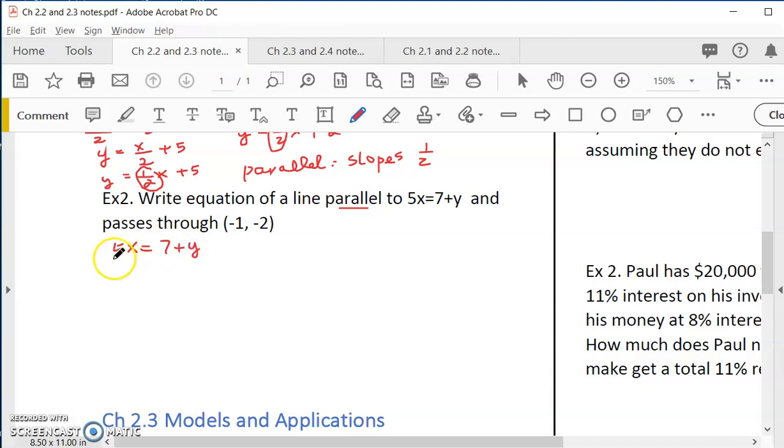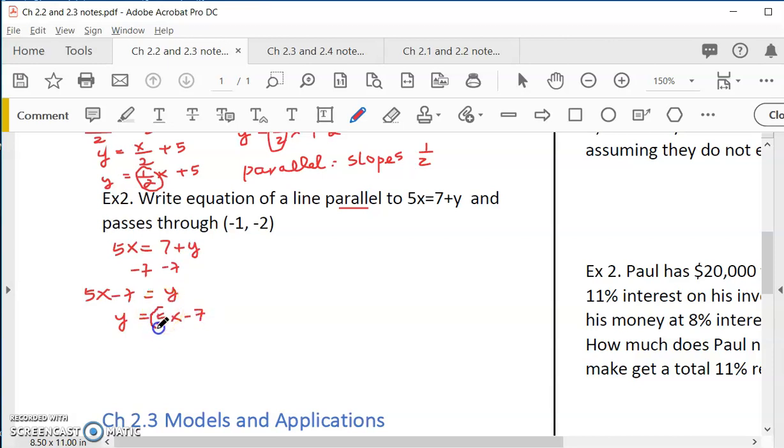I do not know the slope if I cannot write it in slope-intercept form. So I would have y on this side, which is done. So I minus 7. So I have 5x minus 7 equal to y. Is this slope-intercept form? y equal to this? Yeah, I can just reverse them and it would be y equal to 5x minus 7.